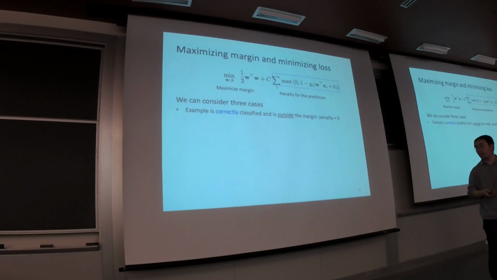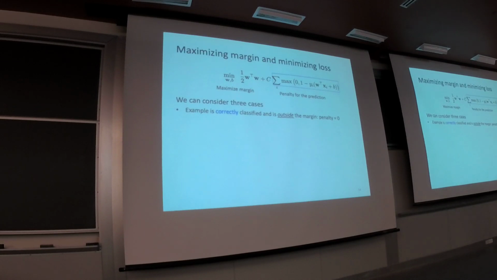So if it's outside the margin, that just means the function margin is bigger than 1. Then 1 minus some value bigger than 1 is negative. If you take the max of 0 and a negative value, it will be 0. That's why we say there is 0 penalty. We are satisfied with this example.